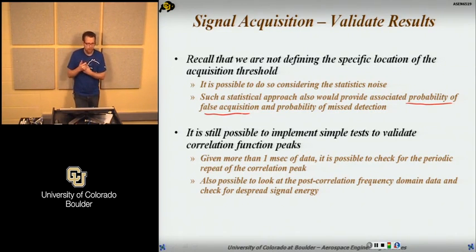The second one, probability of misdetection, is the inverse. We have a signal, but we didn't find it. So for a certain signal strength and a certain ratio, we can figure out what those values are. And we want the probability of false acquisition to be low, and we also want the probability of misdetection to be low. But again, it's a bit of a trade-off.